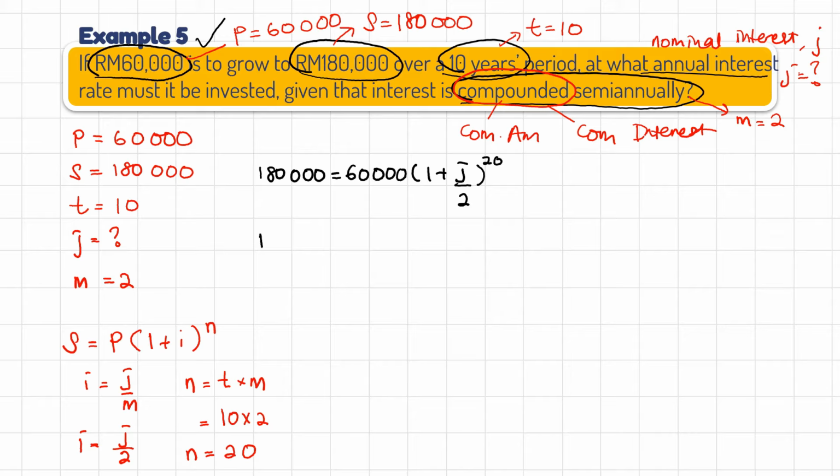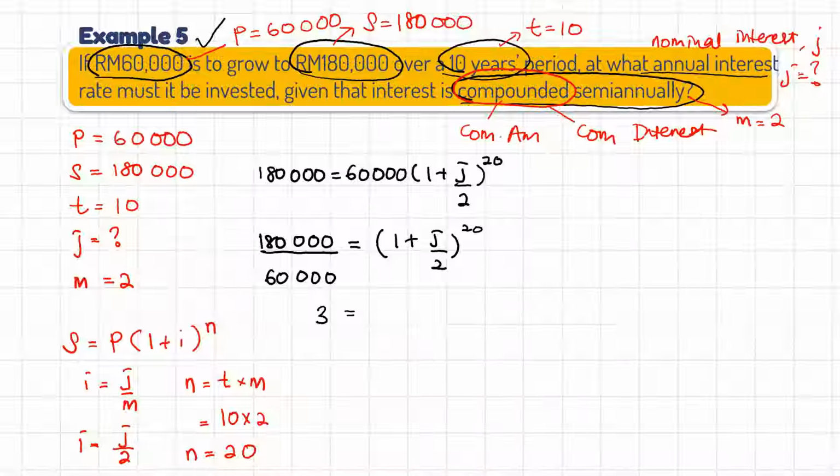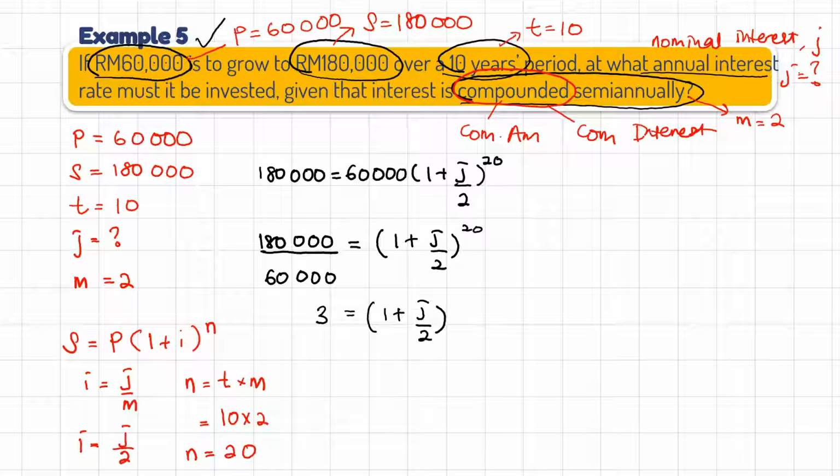Simplify the equation, we will get 180,000 over 60,000 equals 1 plus J over 2 to the power of 20. So we will get 3 equals 1 plus J over 2 to the power of 20.